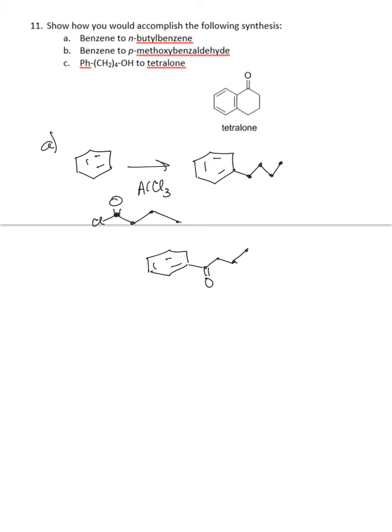Then the next thing you're going to have to do is a Clemmensen reduction, which is zinc with mercury and dilute HCl. And that will deoxygenate, so that carbonyl gets replaced with a methylene, CH2.